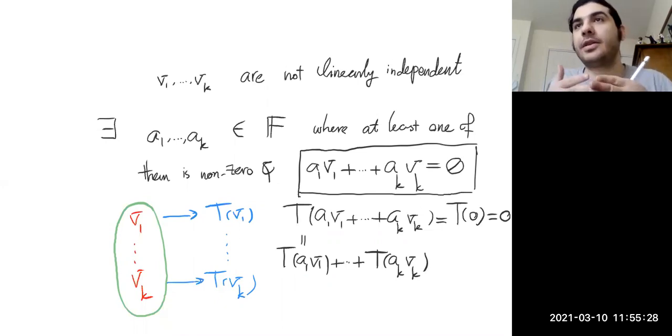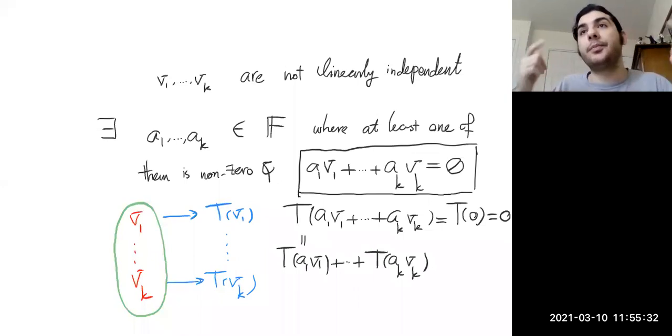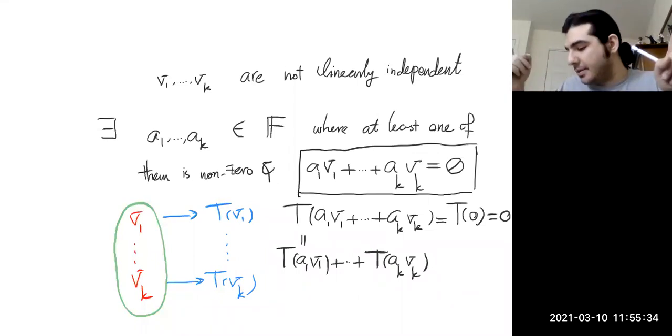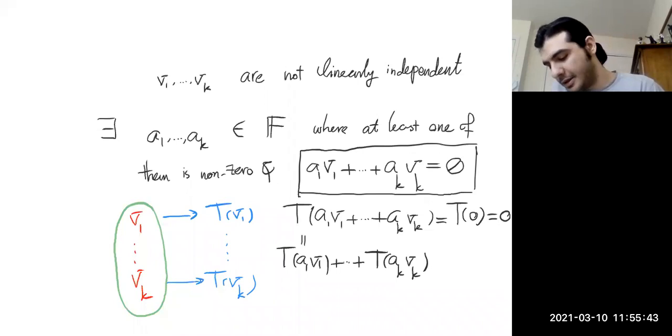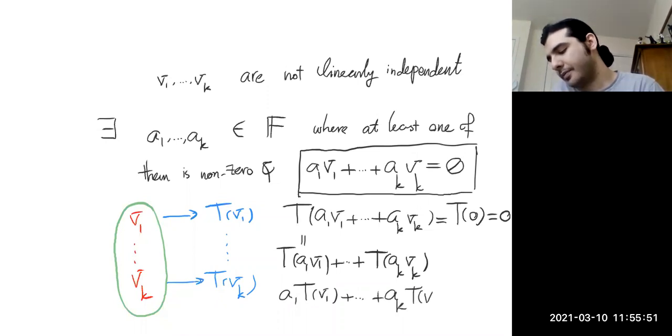That's part of the definition of a map being linear. The second property of a linear map is that it respects scalar multiplication, right? So T of a1 v1 is a1 T of v1, plus up to ak T of vk.